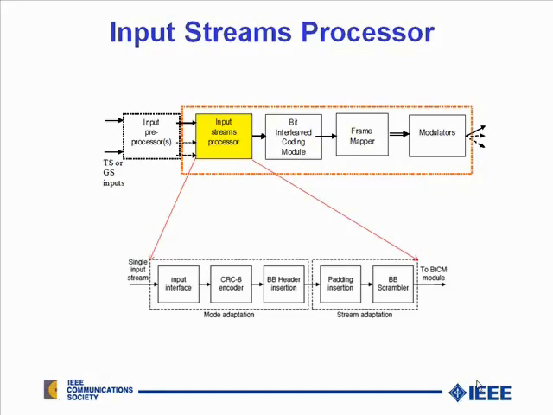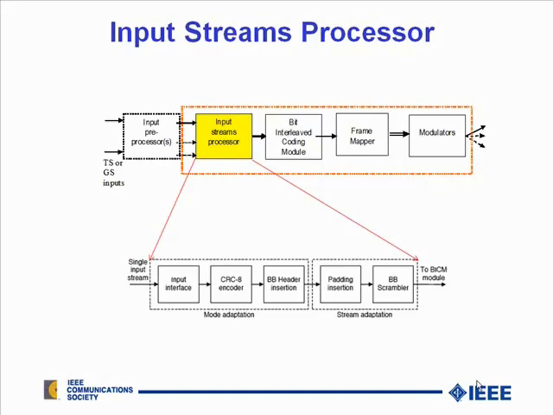So let's consider the input stream processor. It includes various sub-blocks. The purpose of the input stream processor is to translate the streams from the input, that are the transport streams or generic streams of the MPEG, to streams that may be used by the bit interleaved coding module.